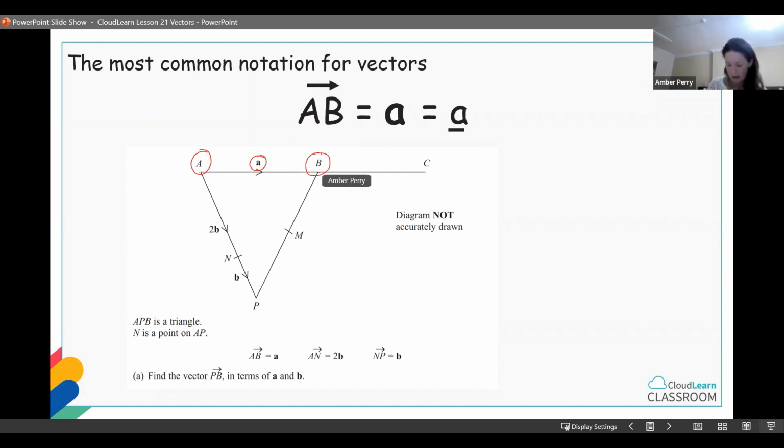But this little a is actually representing this vector, the size and the direction of this vector. So I could take this little a and I could move it anywhere else in the diagram. I could say, for example, that this vector from B to Z is also A, okay?